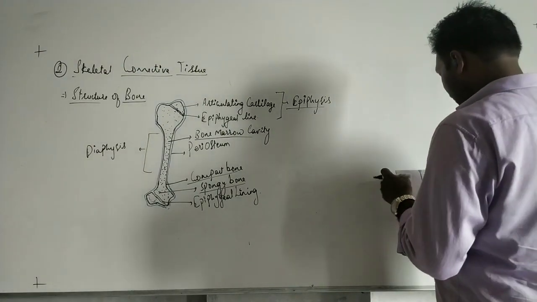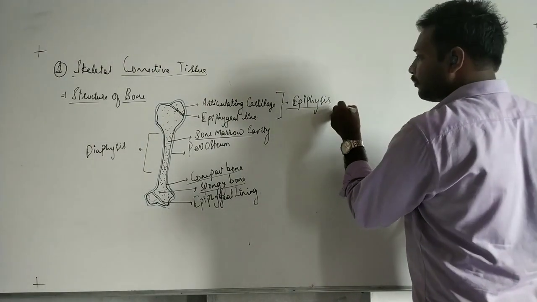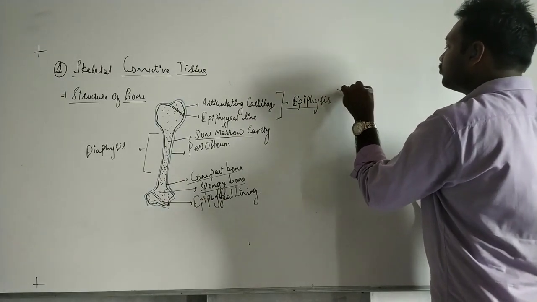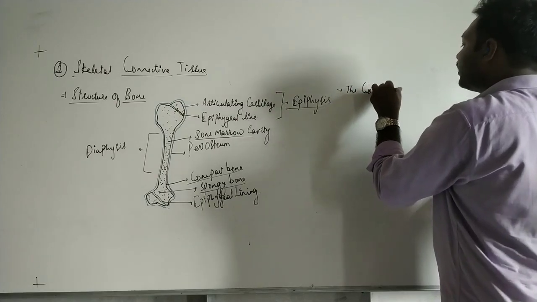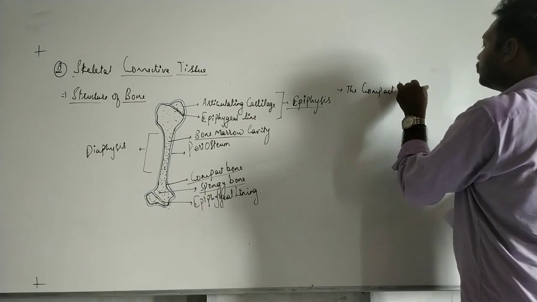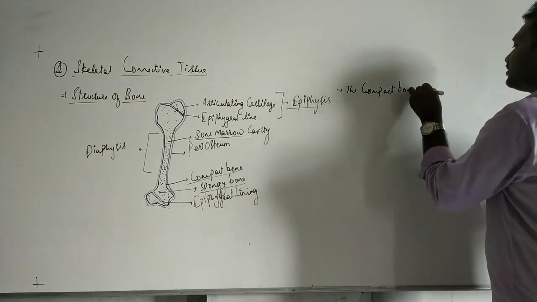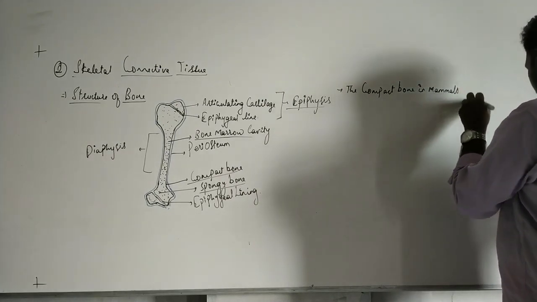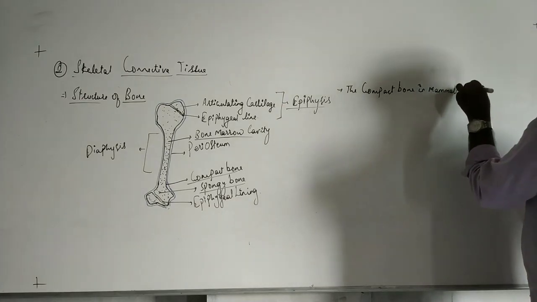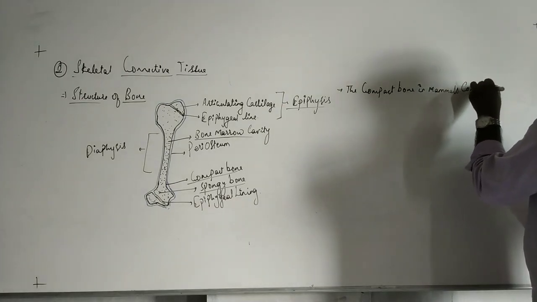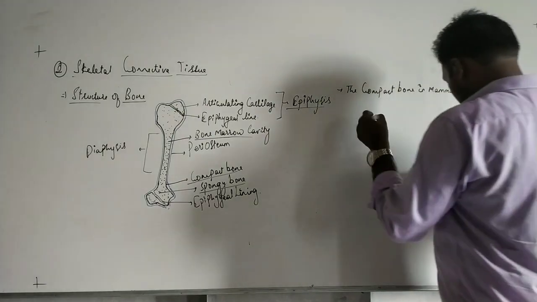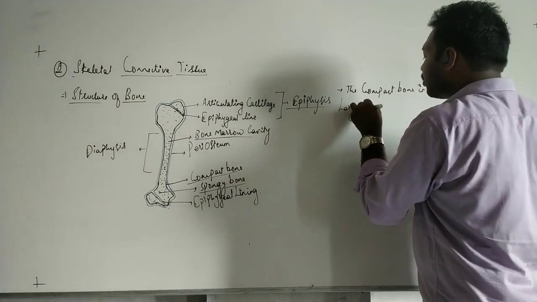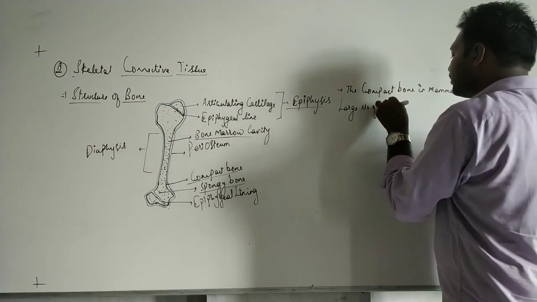See, the first point in the structure of bone is the compact bone. In mammals, compact bone consists of a large number of Haversian systems.